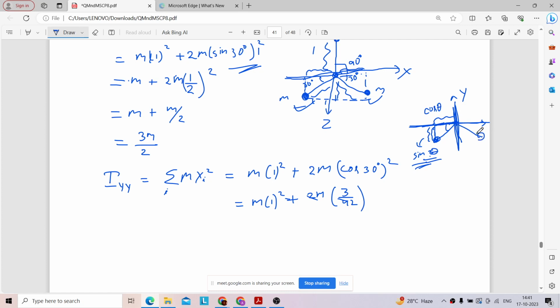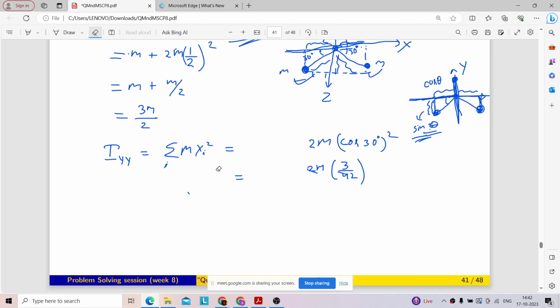It comes from these two masses, and the third mass, which is already on that same axis, has radius 0. So it will give us the same result, 3m over 2.